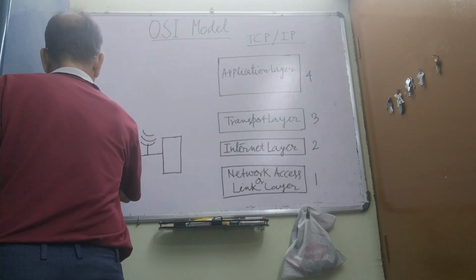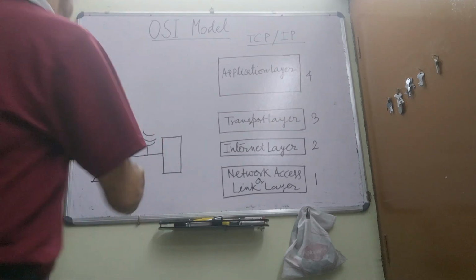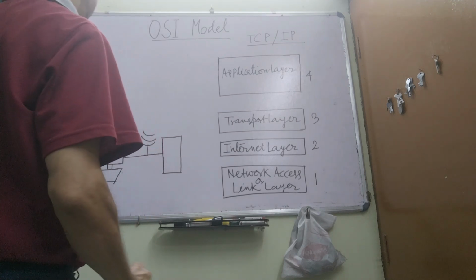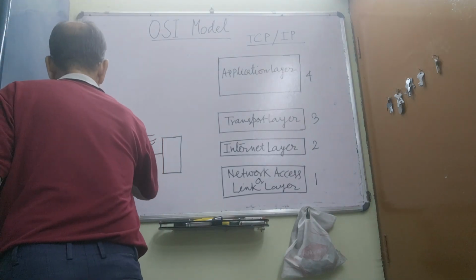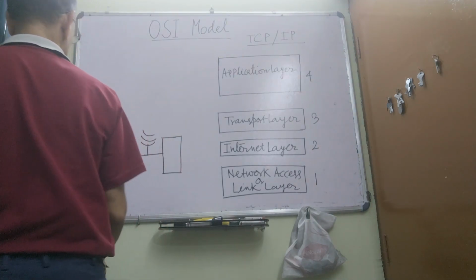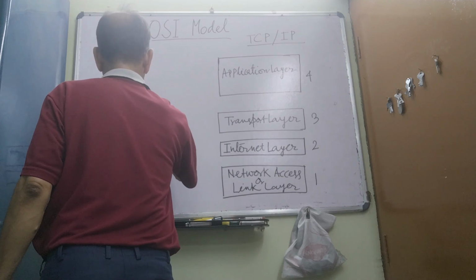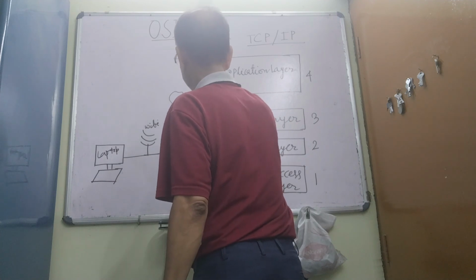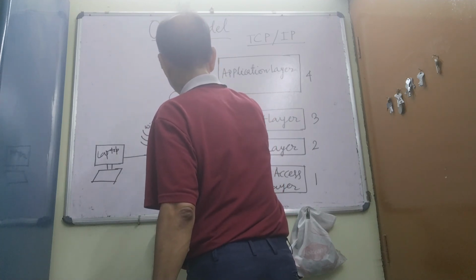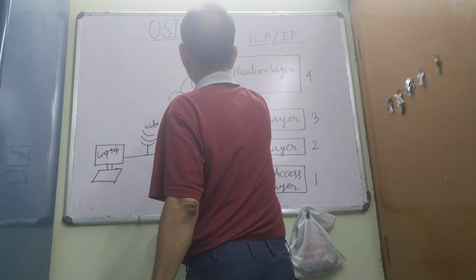So this is the laptop, this is the internet service provider, this is the Wi-Fi, and here is the internet, that is www, World Wide Web, and here is the server.